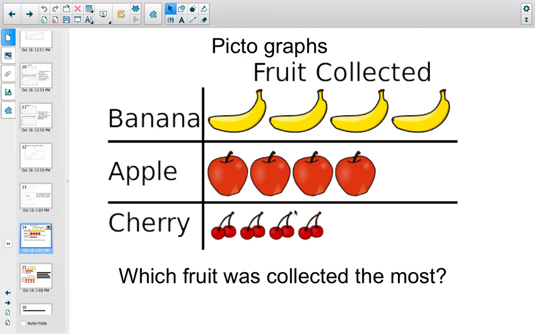So it seems like whoever made this graph wants bananas to look like they were collected the most and cherries to look like the least because they made the pictures so much bigger and they made the cherries so much smaller. And so even though the same amount of each was collected, the size of the pictures made it look like one was collected more than the other.